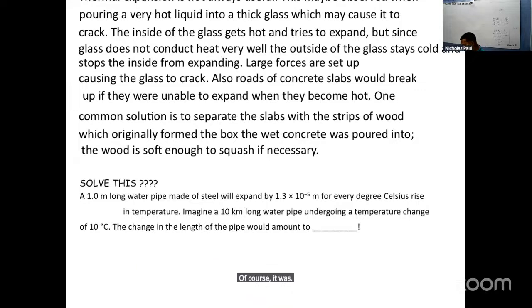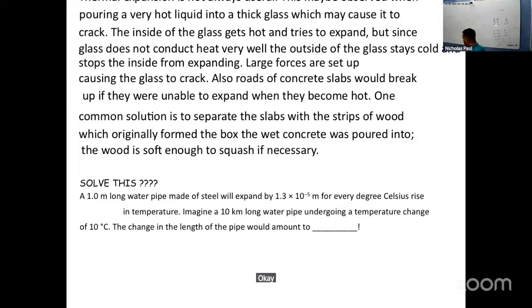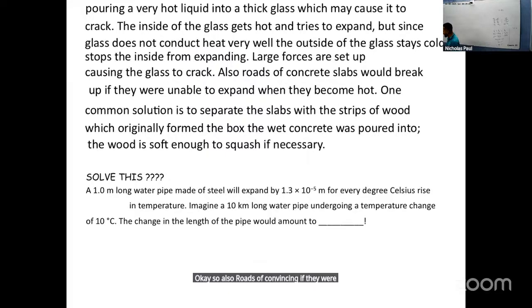By having the metal inside, when it expands, it will crush the metal slightly, so it has some room to expand. So if one little block expands and the rest are not expanding, it will not crack. Also, slabs of concrete would break if they were unable to expand when they become hot.